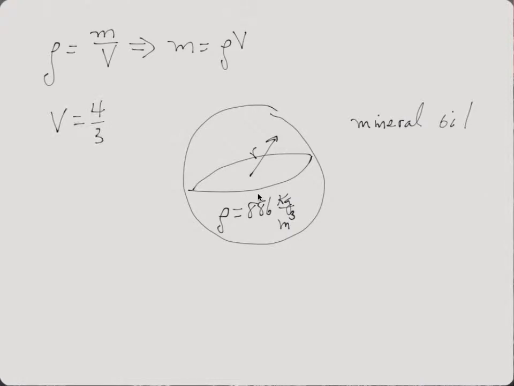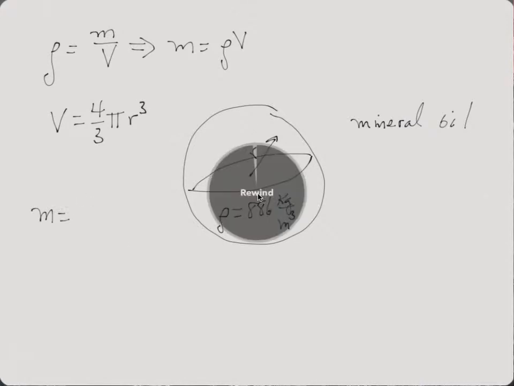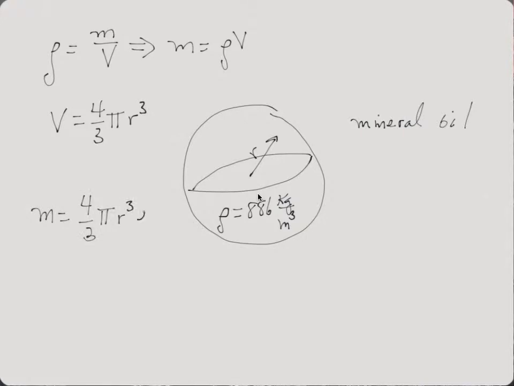It's 4/3 pi r cubed. Okay. So we're just going to put this into this particular equation, and we'll end up with our mass equaling 4/3 pi r cubed rho.